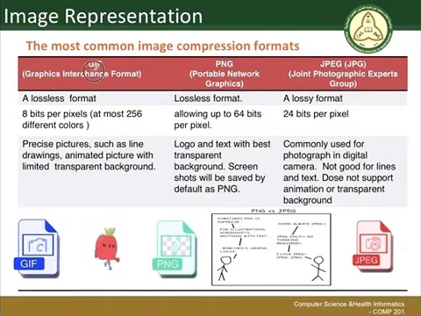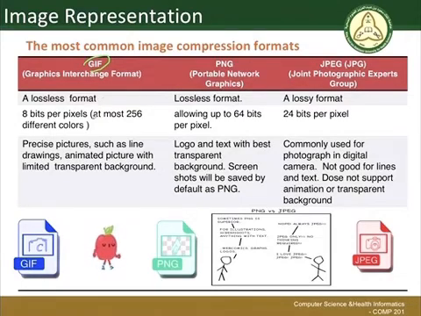The first type is called GIF, graphic interchange format. It's a lossless format. That means when we save the image, we are not losing any information. But the downside of the GIF compression format is it has only 8 bits per pixel.